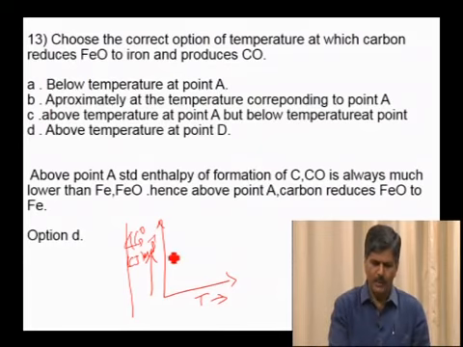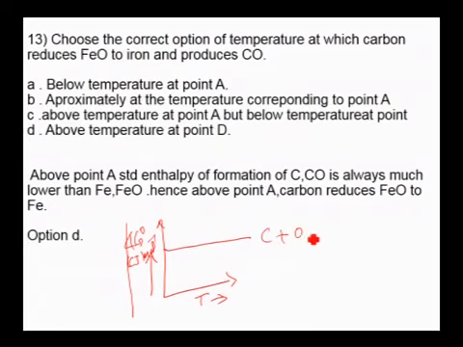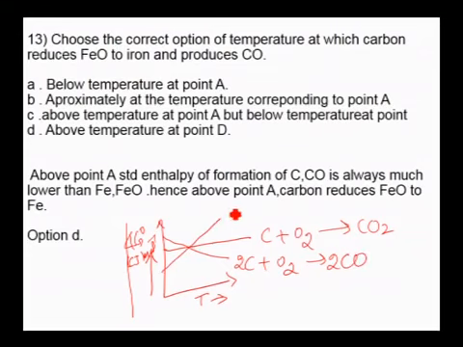Let us see. The first line corresponds to C plus O2 giving rise to CO2. The next line corresponds to 2C plus O2 giving rise to 2CO. The next line corresponds to 2CO plus O2 giving rise to 2CO2. The last one is Fe.